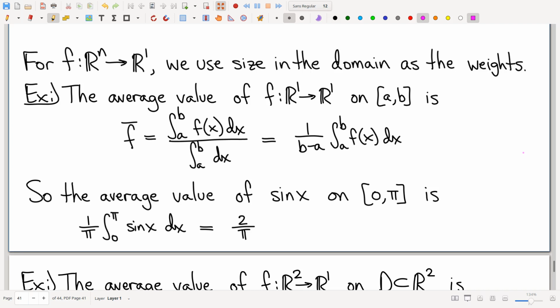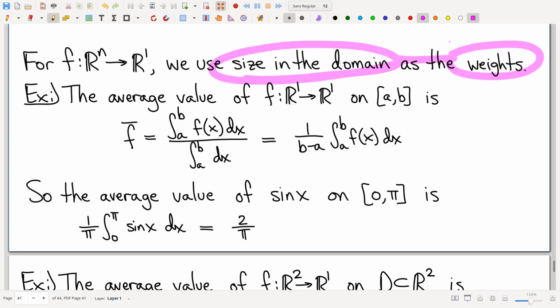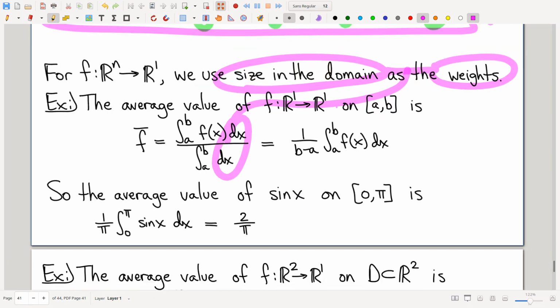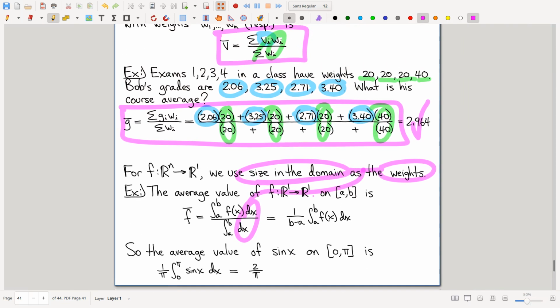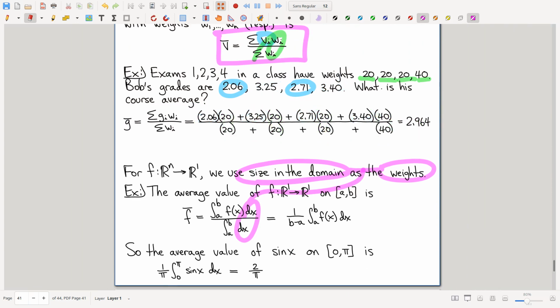So the big idea when we say the average value of a function, we're going to use size in the domain as the weights. And with that said, notice I'm otherwise using the exact same formula. Let me get rid of my mass from the previous example. The exact same idea for a formula. Let me color code also a little better.